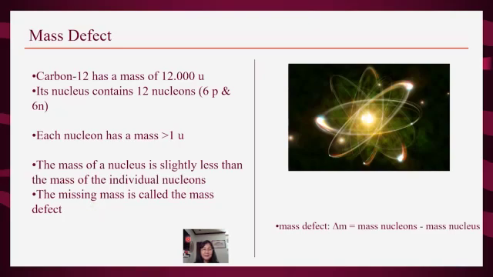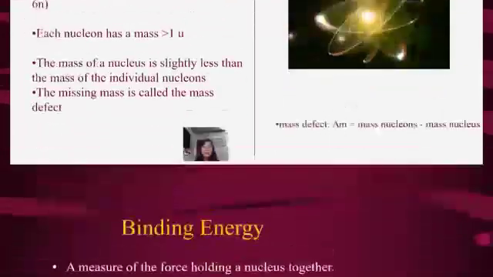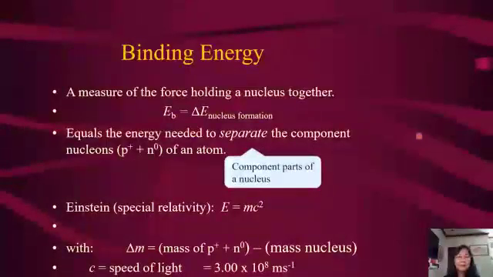The missing mass is called the mass defect. The mass defect, delta M, is equal to the mass of the nucleons minus the mass of the nucleus. We'll have a sample problem about that later. Let's go to the derivation of the formulas first.